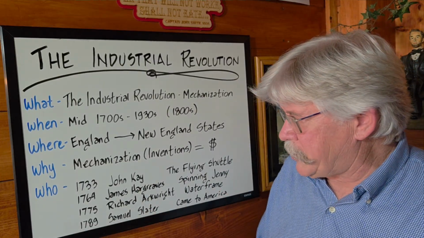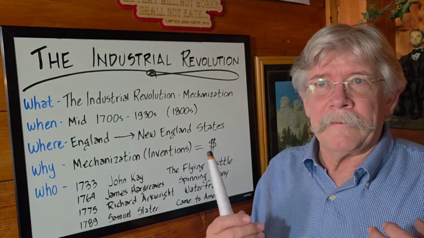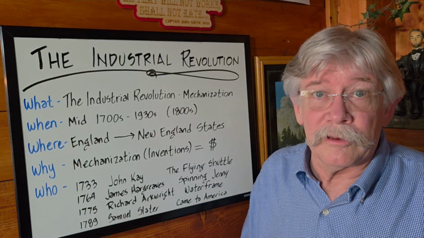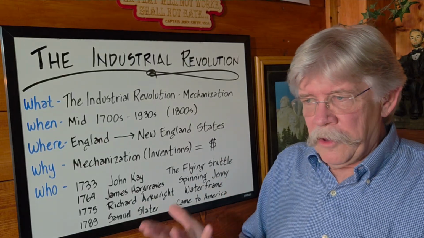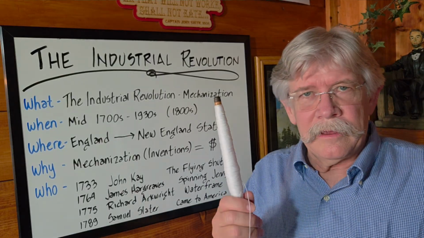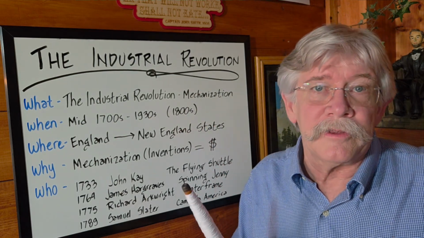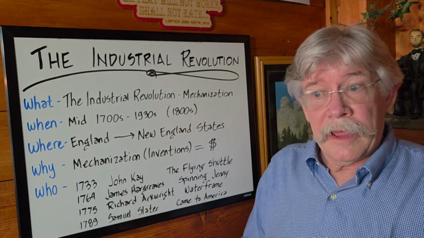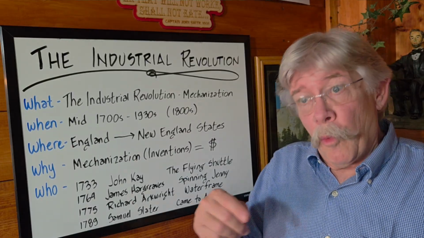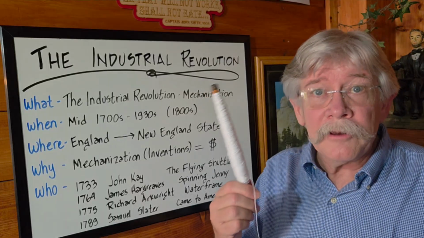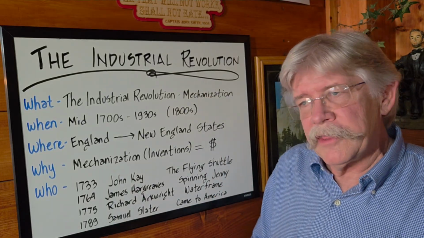A couple years later, James Arkwright, he's really truly considered the big name in the Industrial Revolution, because he sees this idea and he says, well, if we can make a dozen spools of thread at once, why can't we make hundreds of spools of thread at once? And so he builds a factory by a waterfall, and now water power is making hundreds of spools of thread all at once.